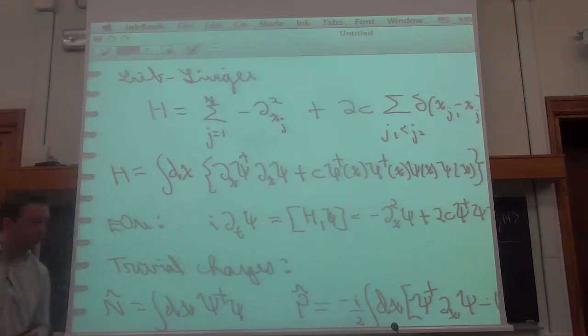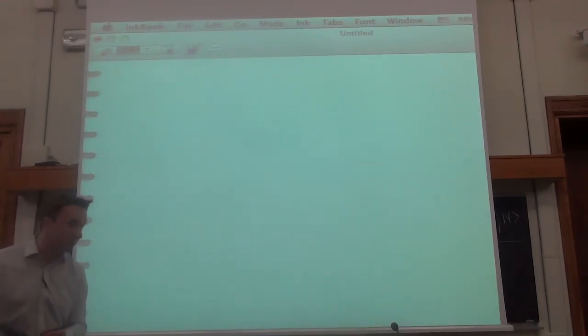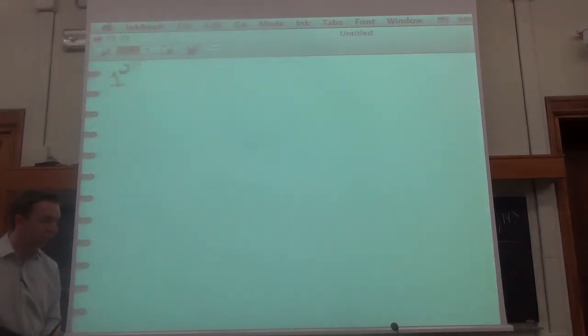Okay? So the problem that we would like to solve is just the Schrödinger equation for either the first quantized or the second quantized version of this. Now, these two formulations are completely equivalent, the first and second quantized version.